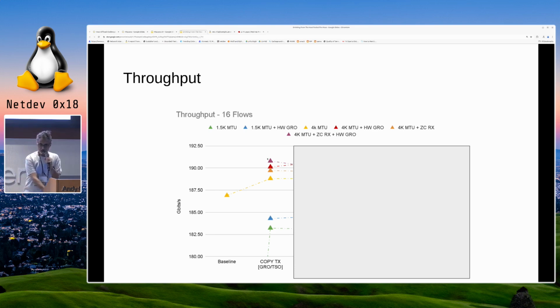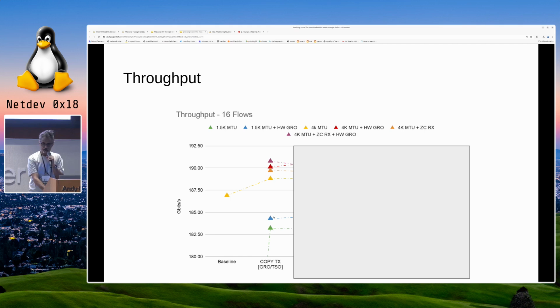The next is 4K MTU with just hardware GRO, not doing any RX zero copy. Then you go to plain 4K MTU with zero copy receive, and then just plain 4K MTU.